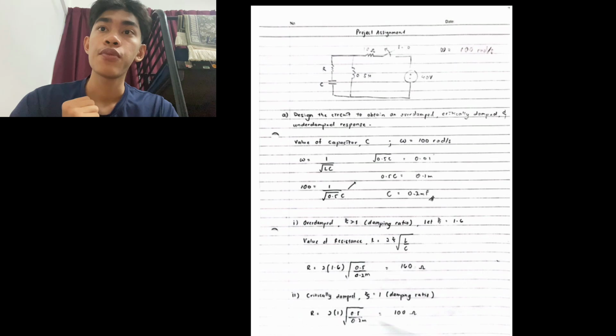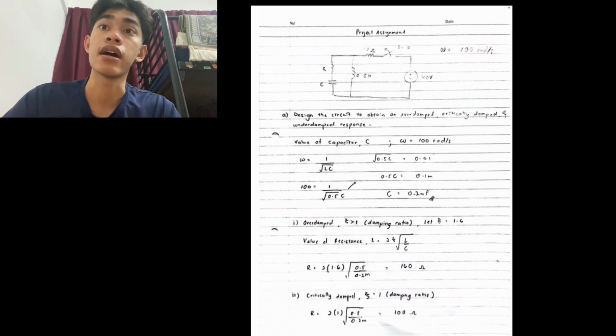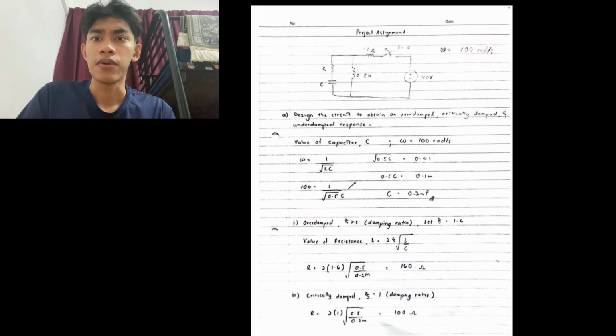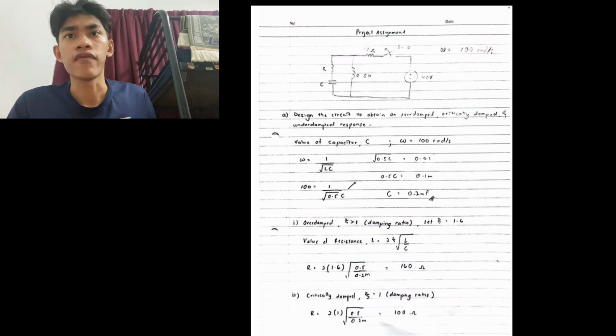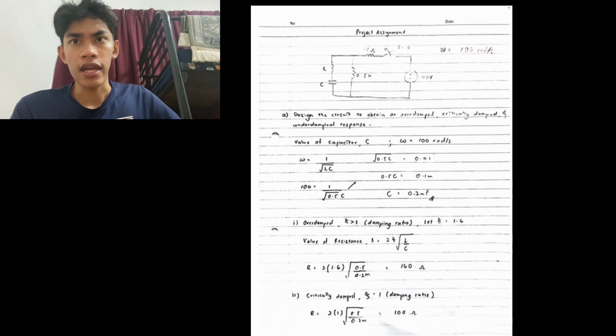For question 1A, we need to design the circuit to obtain an overdamped, critically damped and underdamped response. Firstly, we need to find the value of C because C is unknown. We use the formula omega equals 1 over square root LC, where L is the inductance and C is the capacitance.